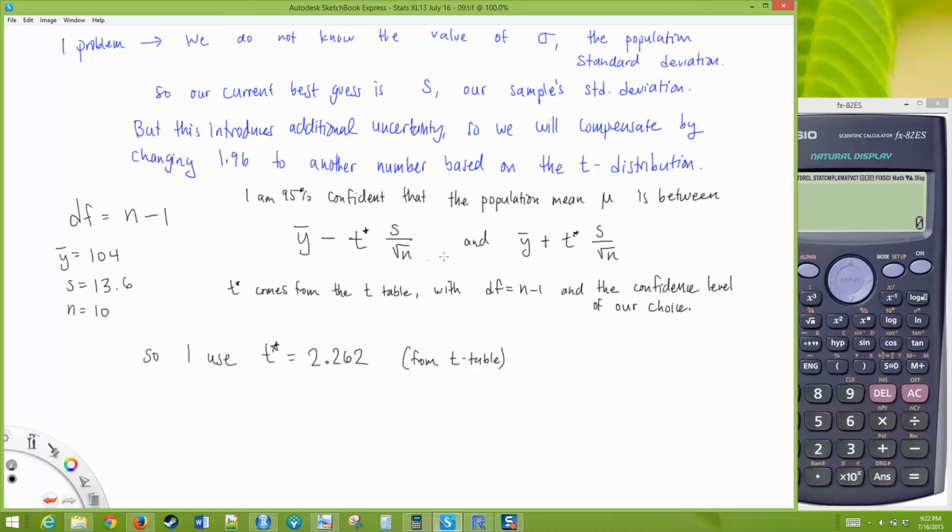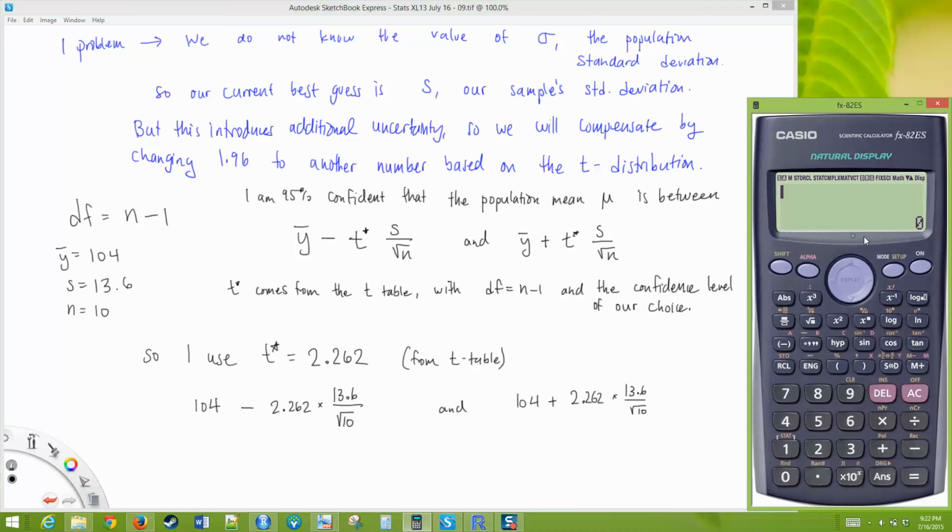Okay, and so my confidence interval goes from 104 minus 2.262 times 13.6 over the square root of 10, and 104 plus 2.262 times 13.6 over the square root of 10. Okay, so I have 104 plus or minus 9.73.